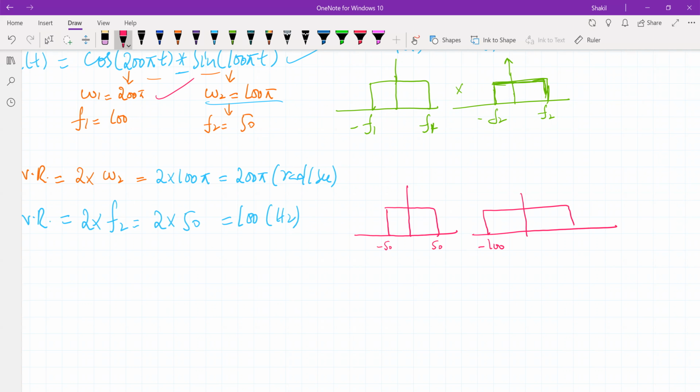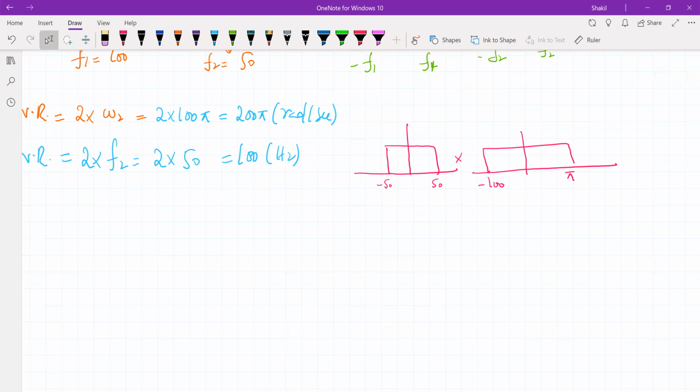When you multiply these two, suppose this is 2 and this is 1, the output will be the spectrum 2 from minus 50 to 50. So the maximum frequency component will vary from minus 50 to 50. That's why we select the minimum frequency, not the maximum frequency, in the convolution operation.